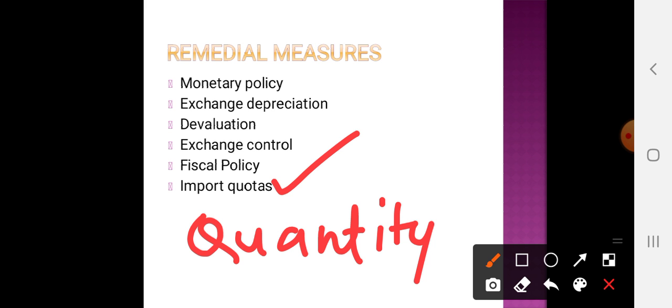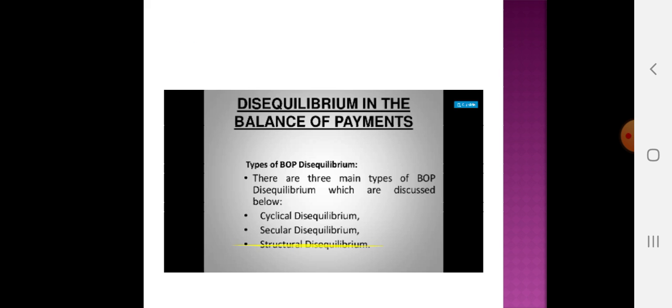So we put restrictions on imports from other countries, so that we can promote export from our country rather than importing goods from others. By imposing tariffs and quotas, we can reduce the level of import in the country.